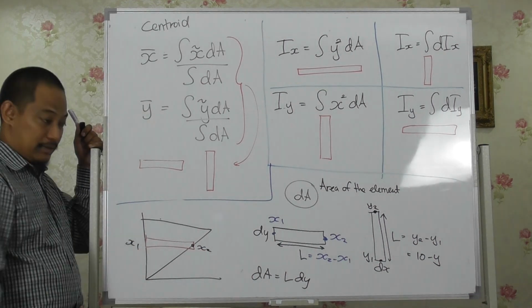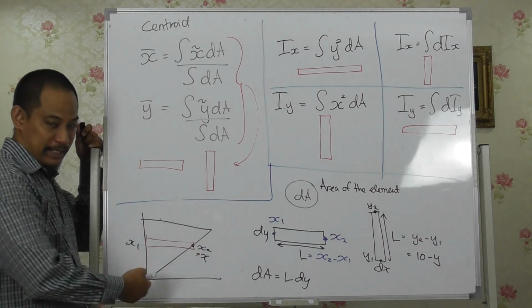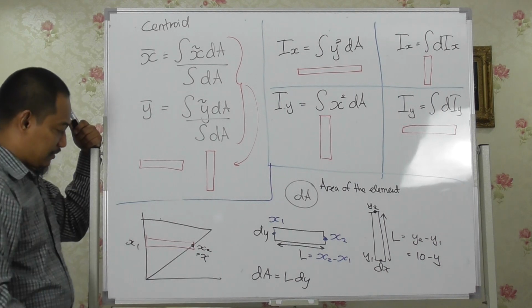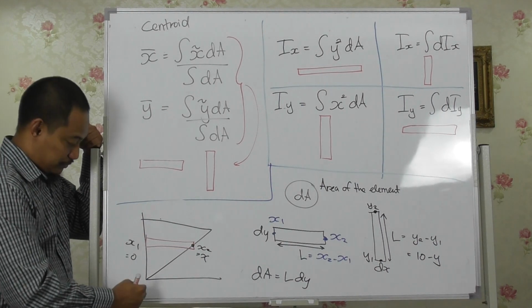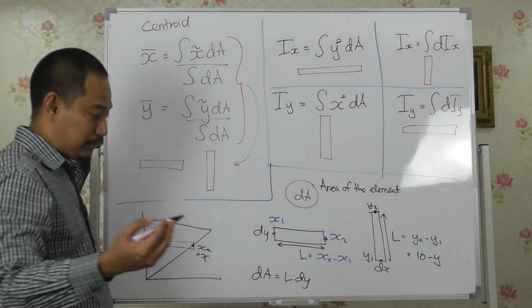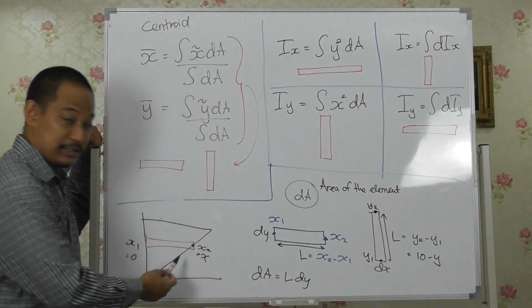In this case, x2 equal to x, because this is y as a function of x. x1 here equal to 0, because this is where x equal to 0. So in that case, it will be x minus 0, so it will become x. Hence, L becomes x, so x dy in this case.